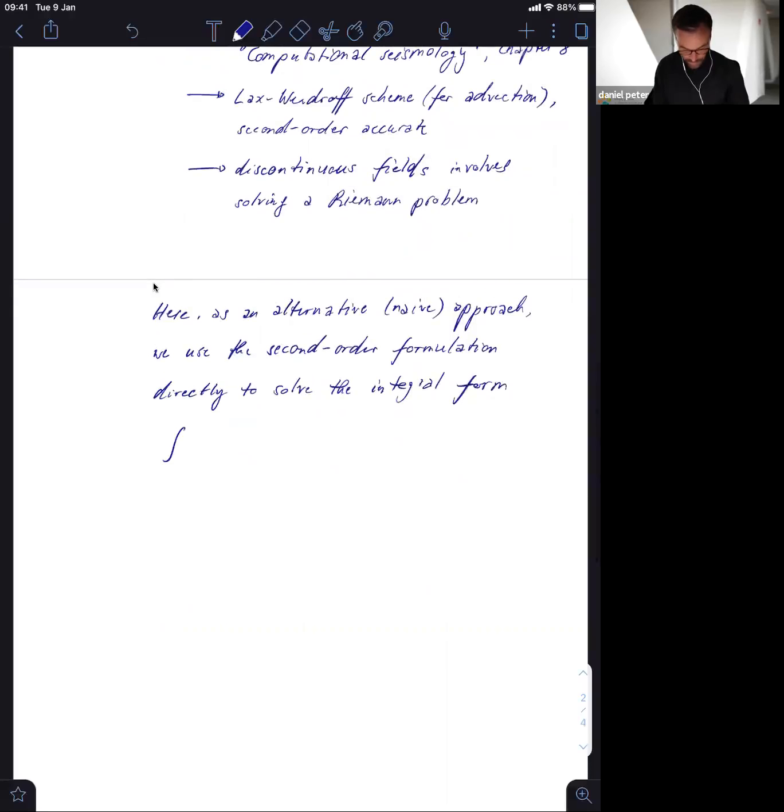So we integrate over the physical domain omega. The left-hand side term where we have the density times the acceleration is equal to the integral form of the right-hand side term. We have the divergence of the stress, which we write in 1D in this form here. Right, so this is the integral form of the strong form we had above.